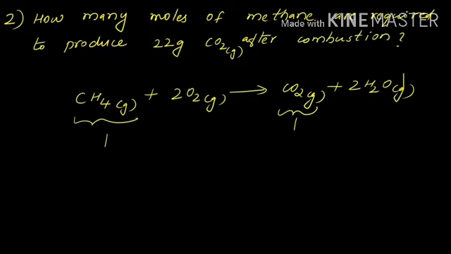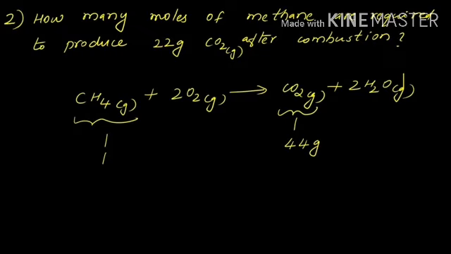Now what is the information that is given to us? How many moles of methane are required to produce 22 gram of carbon dioxide? So we need to find out the number of moles of methane. So write the number of moles of methane as 1 mole, right? But the carbon dioxide amount is given in terms of mass, so we can write the total mass of carbon dioxide, which is 44 gram.